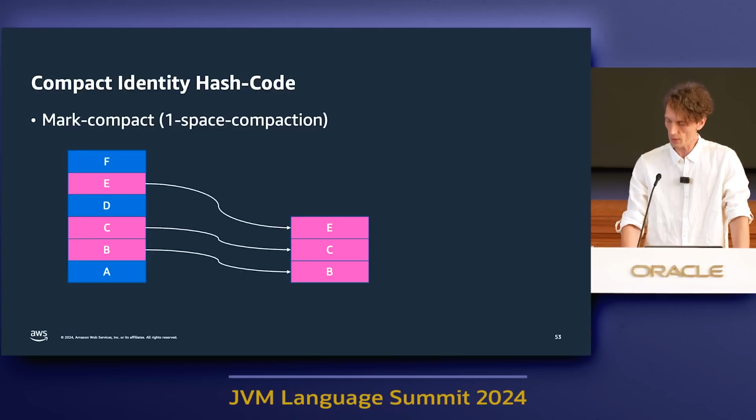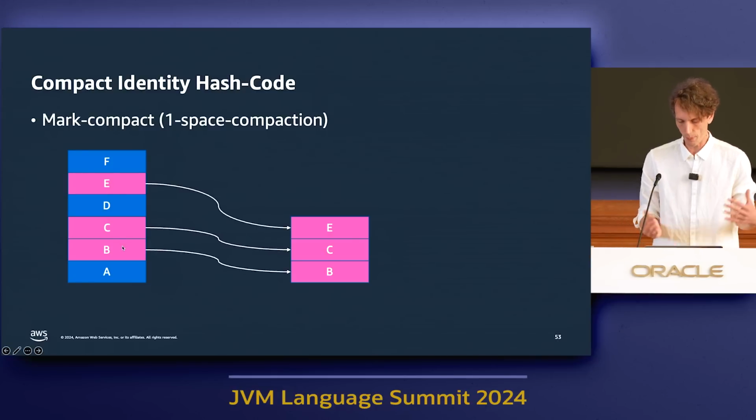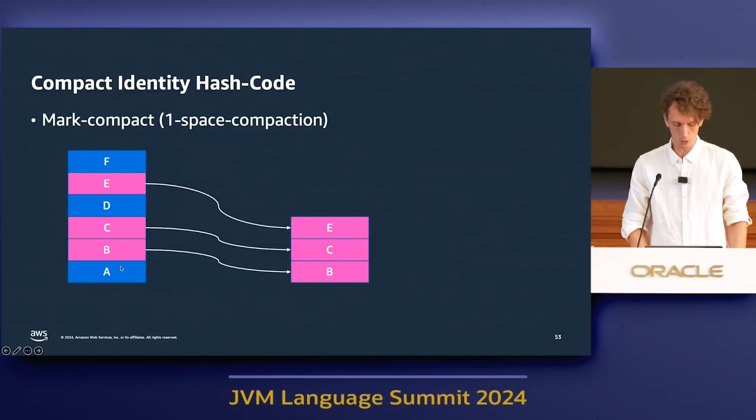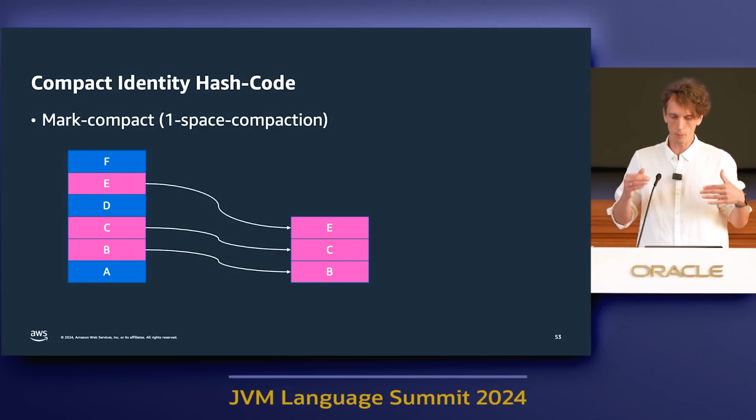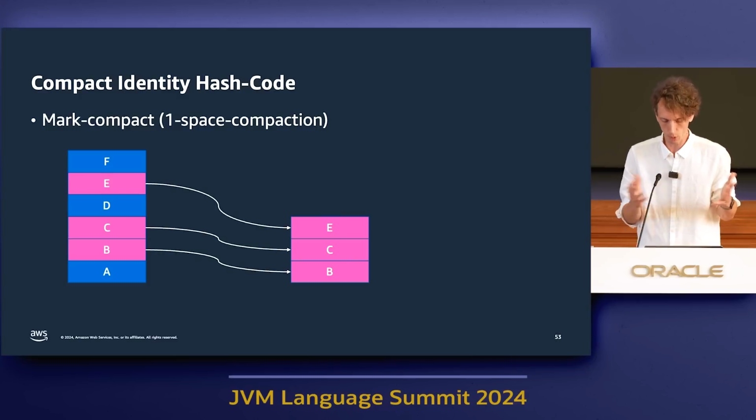The way it works, in a very simplified view, is that we have a single space in memory. For this example, let's say we have those live objects here that are in pink, and we want to compact them and get rid of those unreachable objects A, D, and F. The way it works is they are basically copied to the bottom of this memory block.